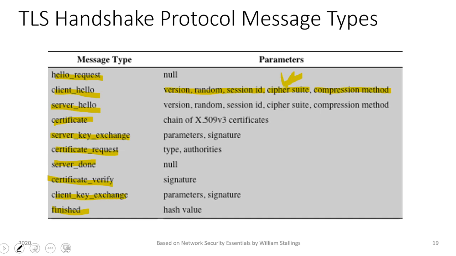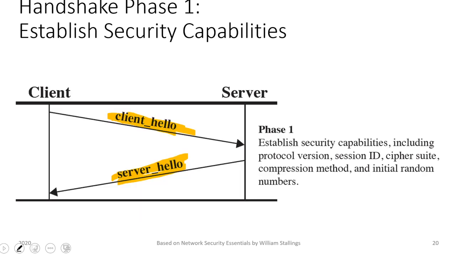The cipher suite and compression method specify which algorithms should be used. The client sends its specific cipher suite and compression method, and similarly the server sends back its particular cipher suite and compression method.